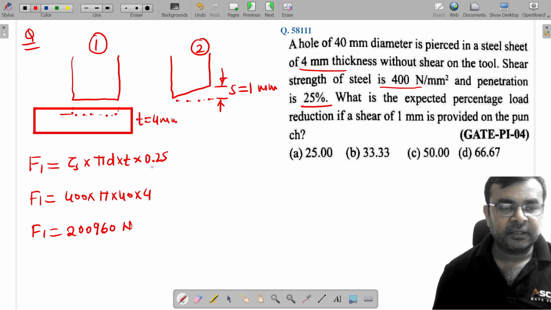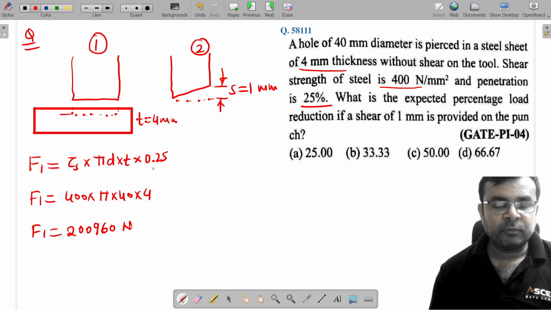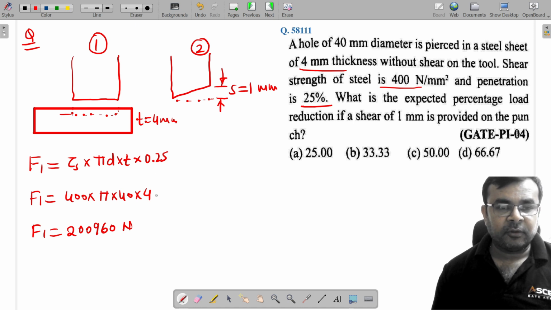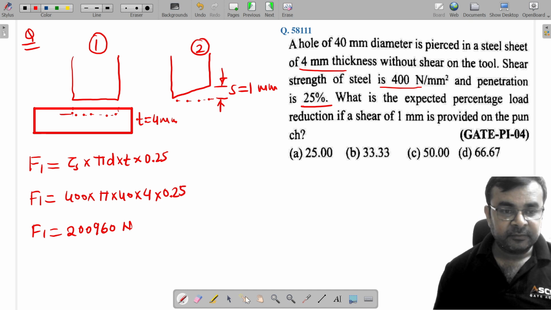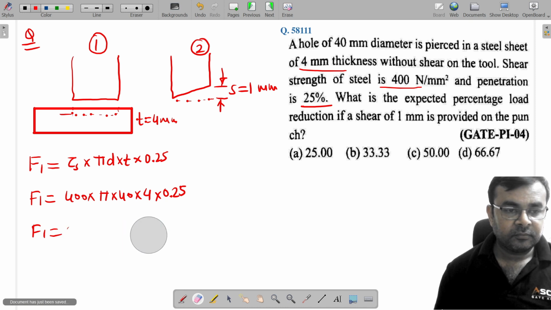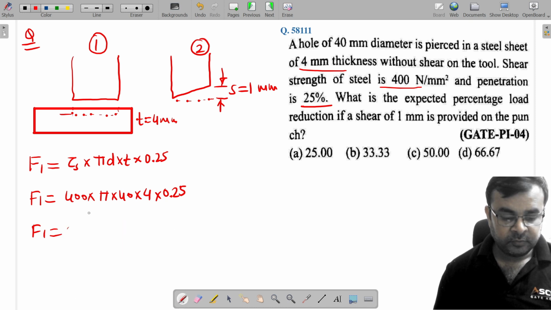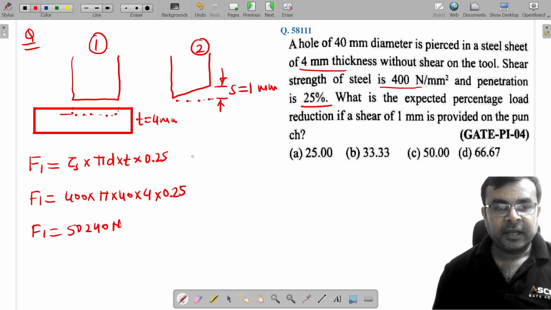So that's why we need to multiply this 0.25 with this value. So this becomes 5240 Newton.